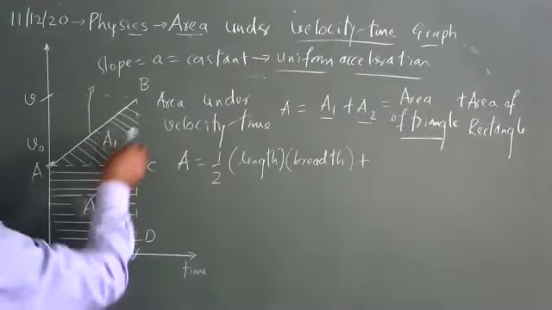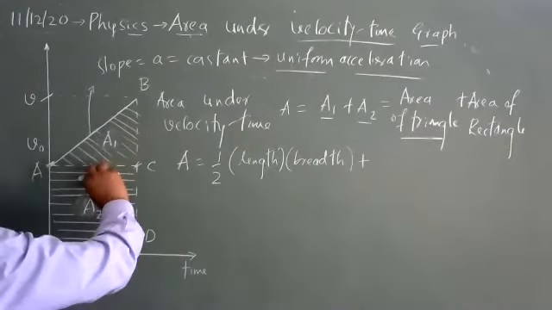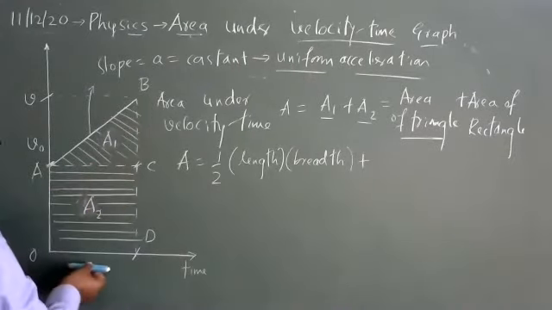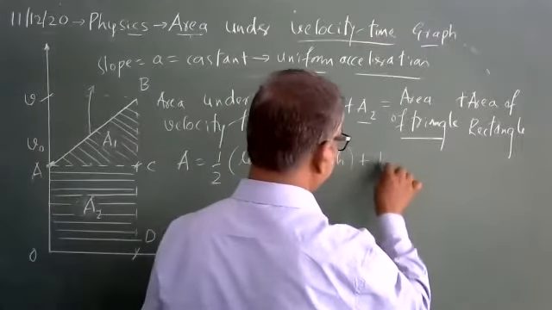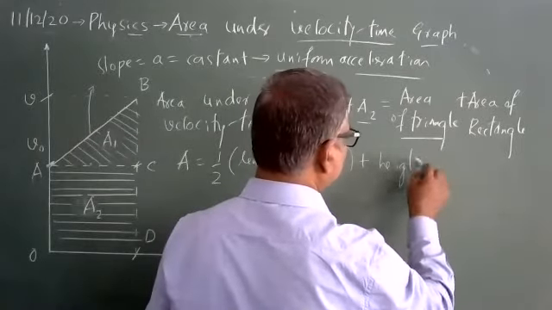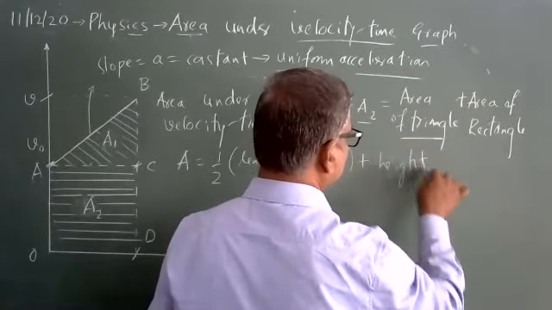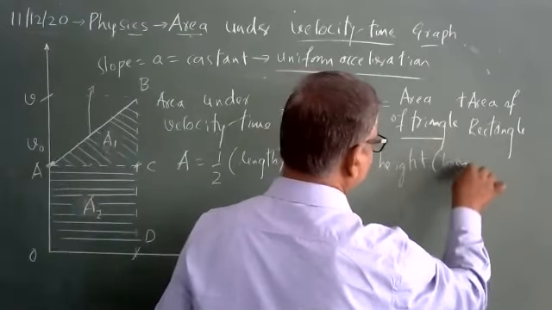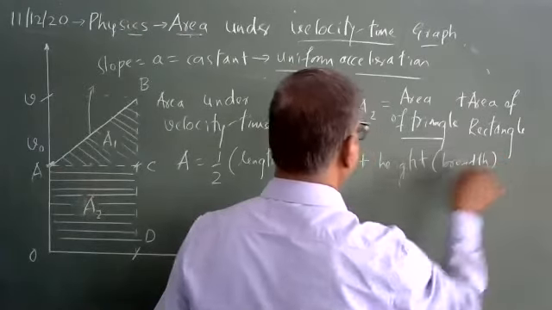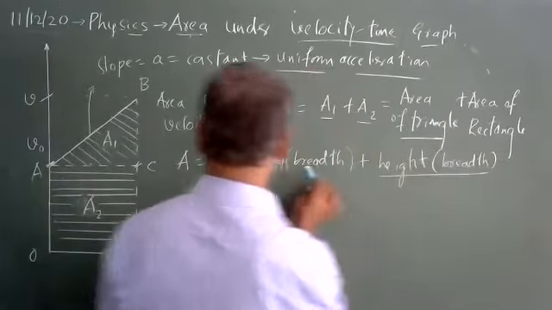Of course, this is height or length into breadth. Then this is height into breadth. You can write it: height into breadth, or your width, no issue. This is the second one, this is the first one.